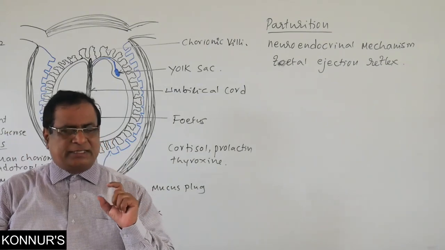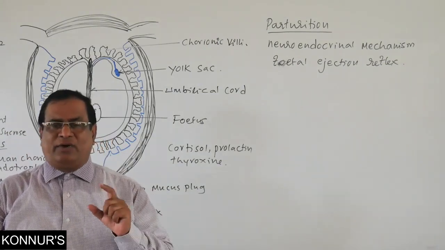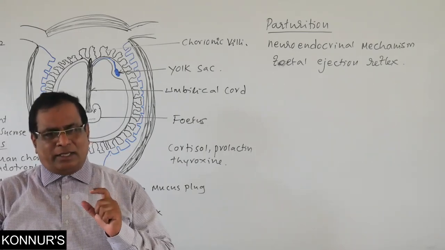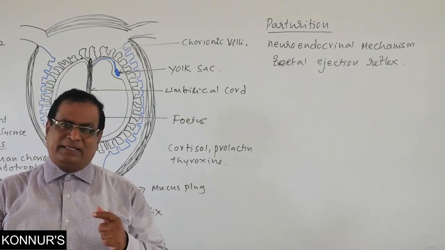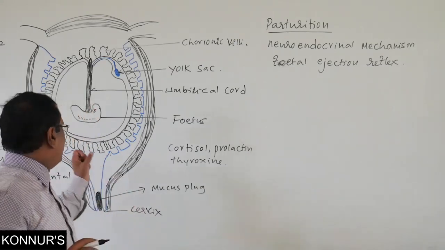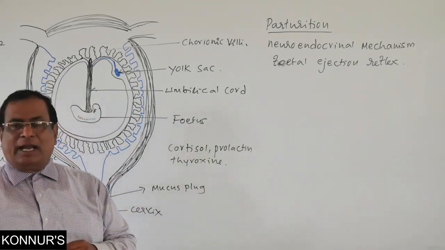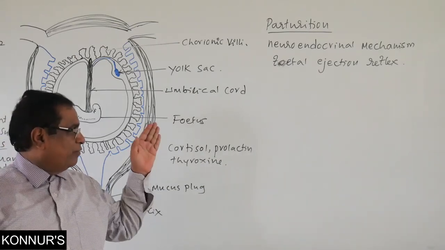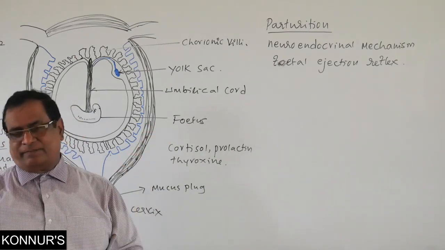Once the fetus is completely formed, a first signal for delivery is given by the fetus and the placenta. That causes uterine contraction, and that uterine contraction is said to be the fetal ejection reflex.